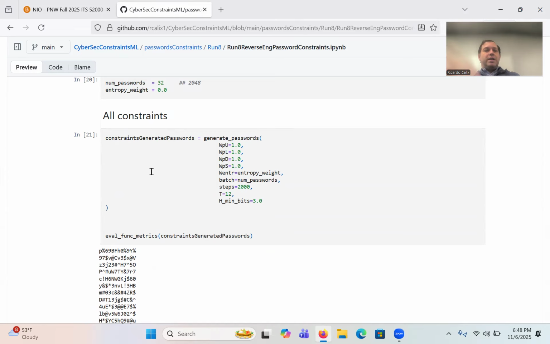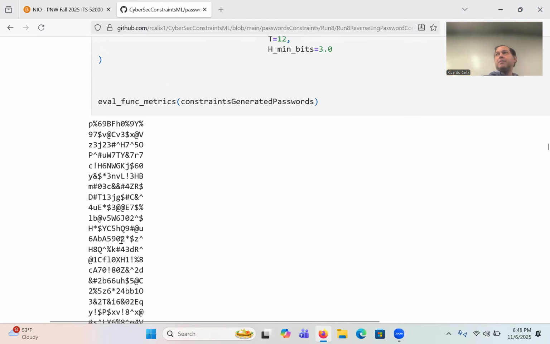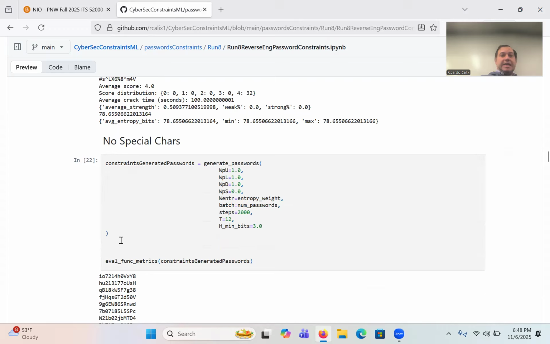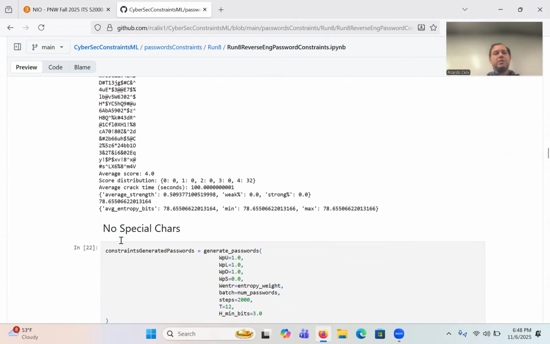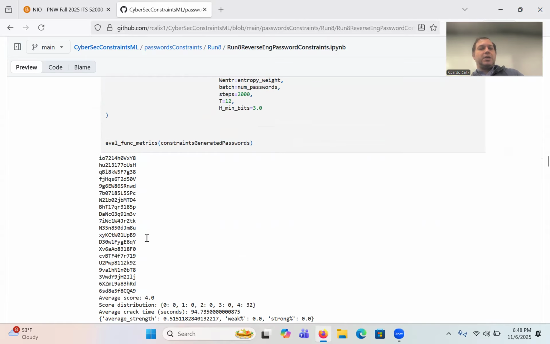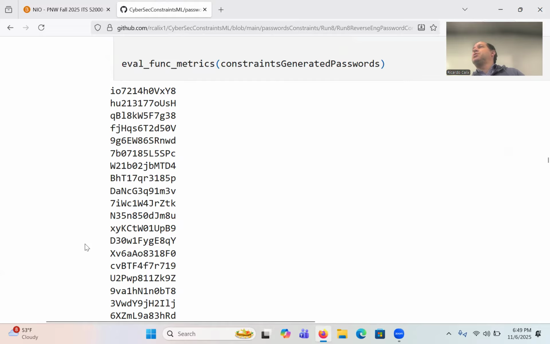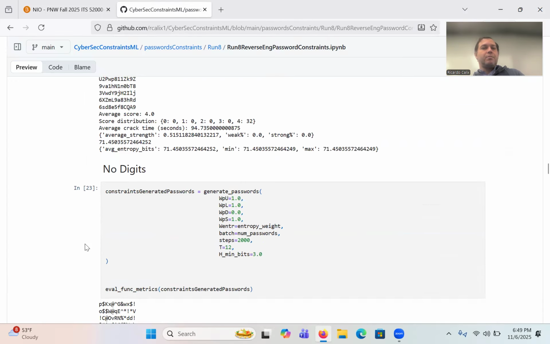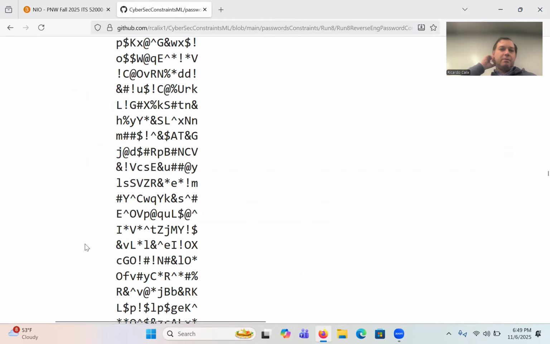So you can constrain it to produce that, which is this. You can see these passwords have everything. In its generative form, I can generate as many of these tokens as I want. Or no special characters. If you notice carefully, there's no special characters. These were generated. No special characters whatsoever. No digits. If you look carefully, there's no numbers in here.